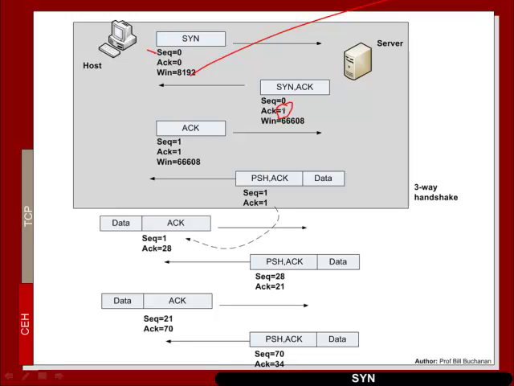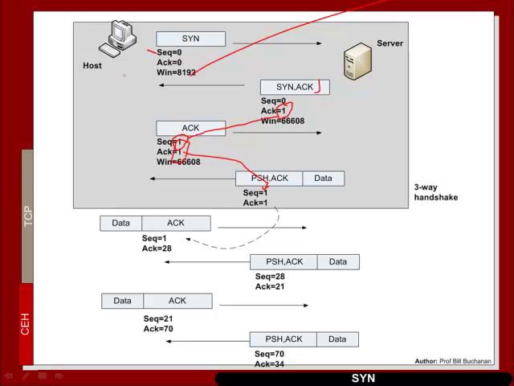So it's acknowledging everything up to that point. So in this case, the sequence number is 1, which matches the acknowledgement number here. The client also acknowledges that it's received the SYN-ACK in this case, because it says that it's expecting to see sequence number 1, which it does see next.